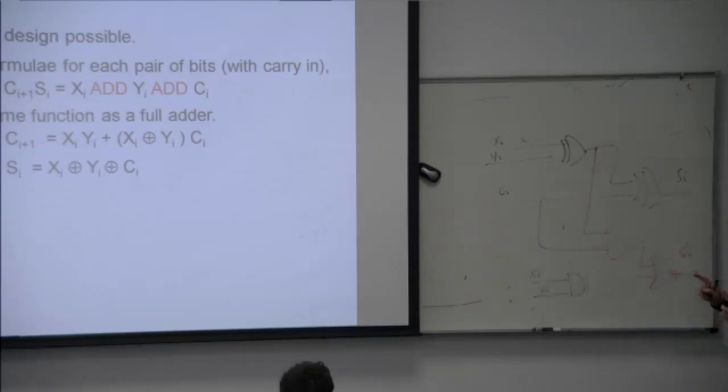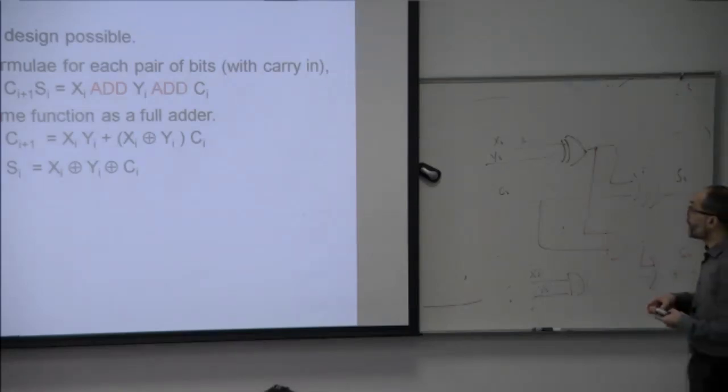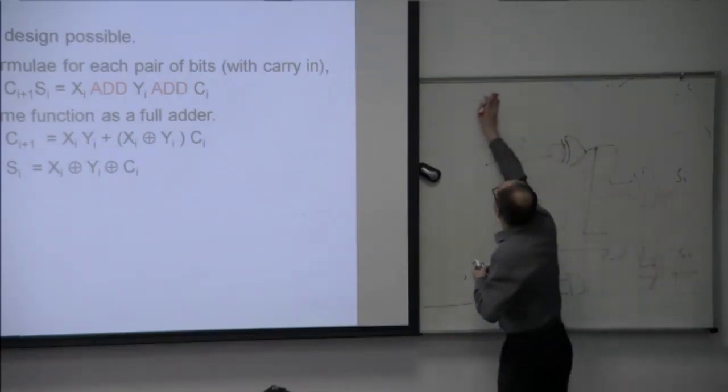So if you look at this, any 1-bit adder, how many exclusive OR gates? 2 exclusive OR gates. How many AND gates? 2 AND gates. So how many total gates do we require in an n-bit adder?